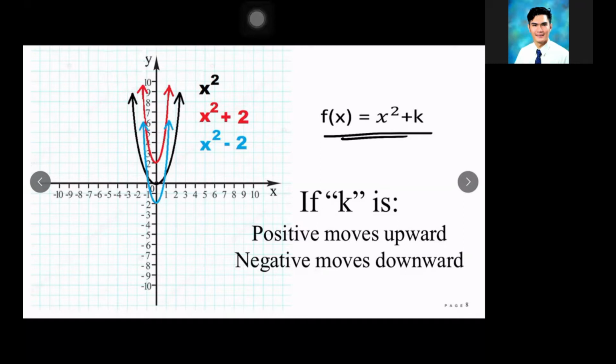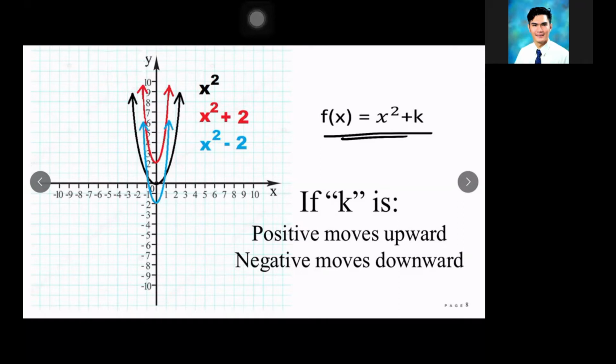Just like in our illustration, from our original graph x squared, we add +2, so the red graph moves upward. And if k is negative, the graph will move downward. As you observe, the blue graph moves downward from the original.